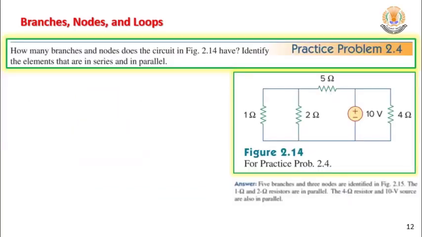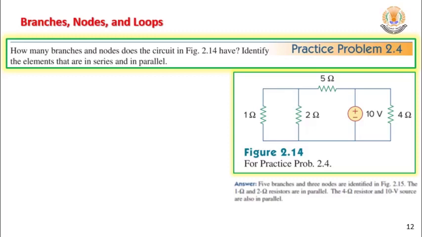In this example, can you count the number of branches, loops, and nodes? Then decide or define which elements are connected in series and which elements are connected in parallel.